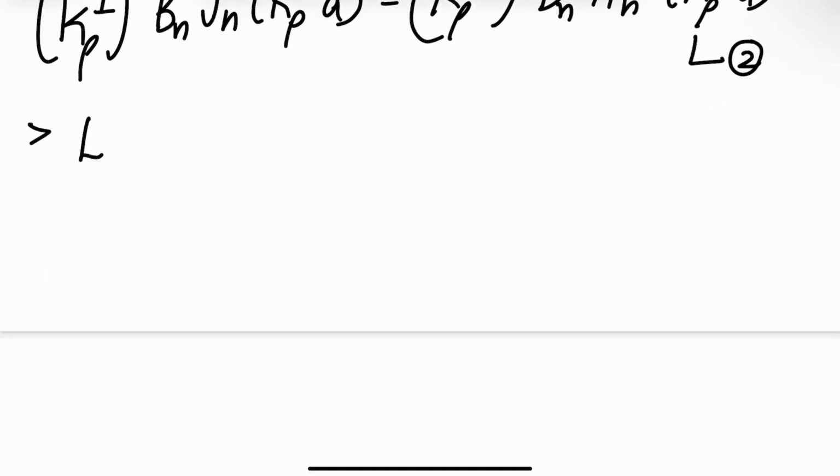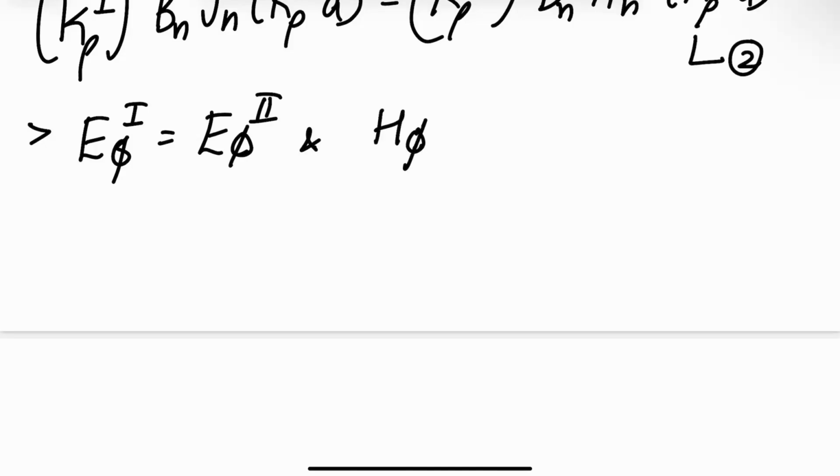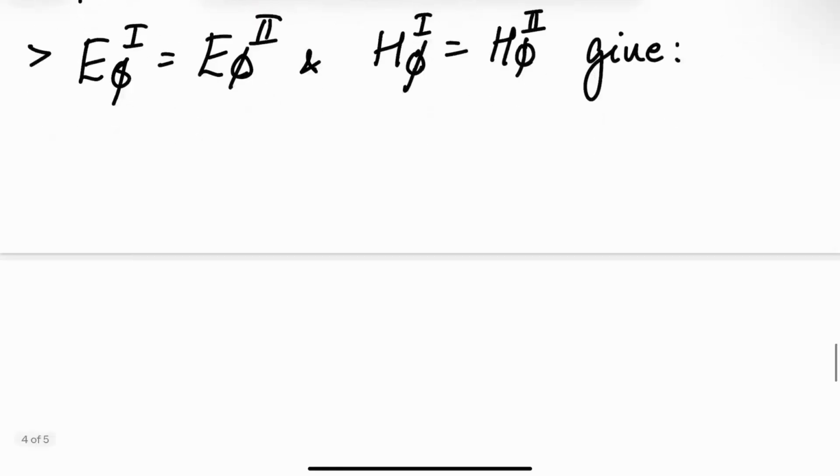Then we equate the phi components: E_phi1 equal to E_phi2 and H_phi1 equal to H_phi2 give the following equations. These are somewhat long.